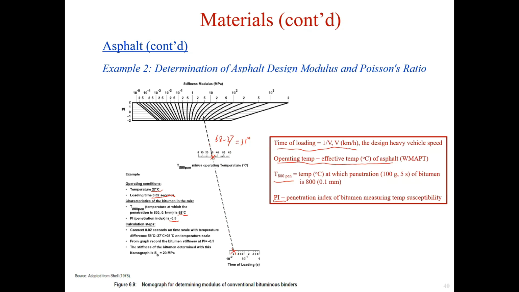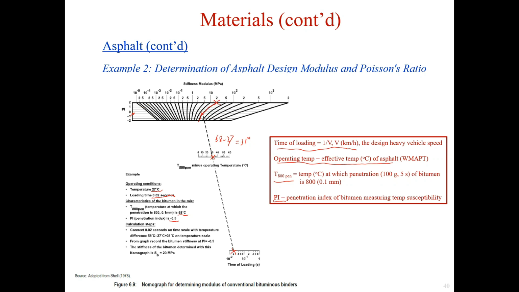And then we extend the dashed line to intersect with the lines of stiffness modulus with PI of negative 0.5. So it's here, negative 0.5 here. Then we read from the value in the horizontal axis.